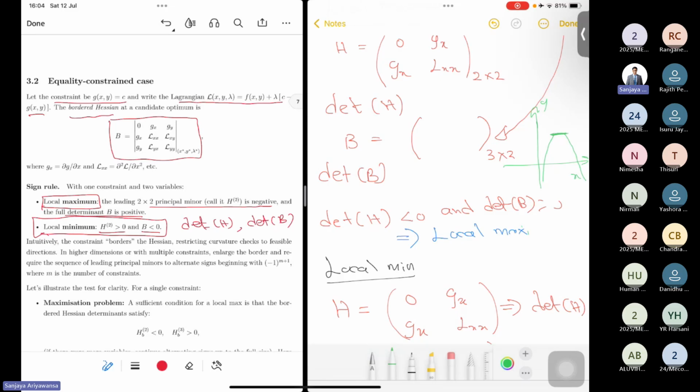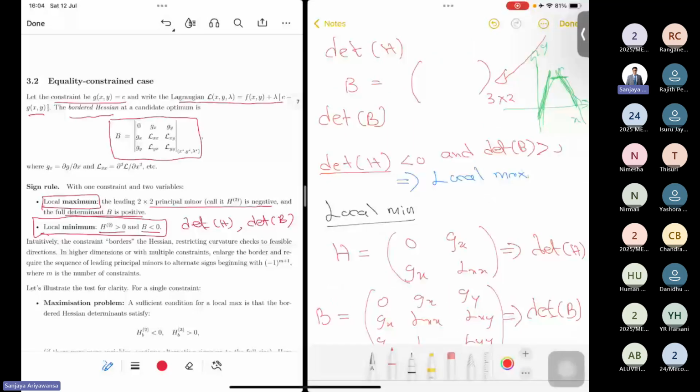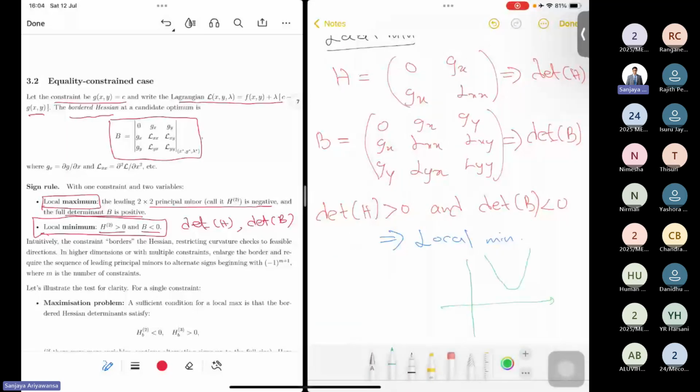What is happening is your tangent is changing sign, from a positive tangent to a negative tangent in a local maximum case. And something similar is happening in the sign changes: determinant of H is negative, determinant of B is positive. Whereas in the local minimum case, your function, let's say, would look something like this.